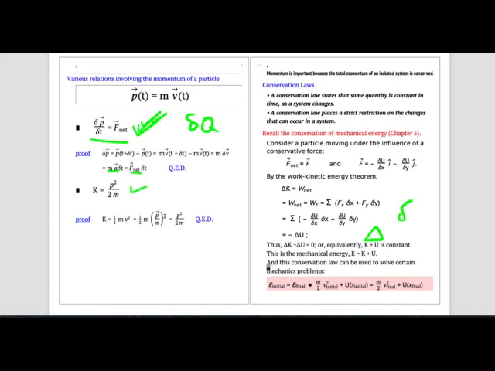Well, okay, so this conservation law, conservation of energy, can be used to solve certain mechanics problems. You can say E initial is equal to E final. So m/2 v initial squared plus U of the initial position must be the same as m/2 times v final squared plus U of the final position.